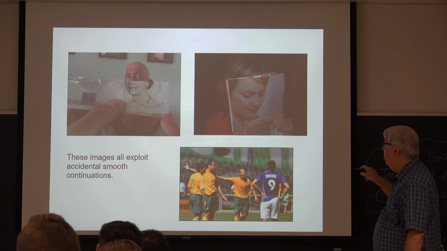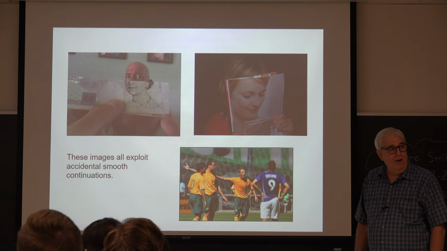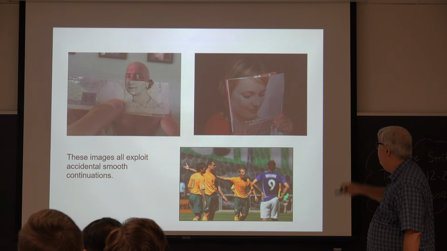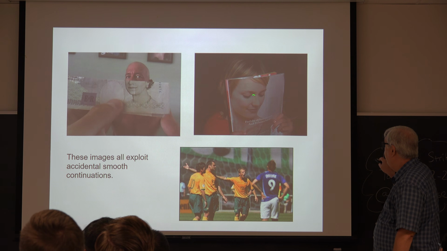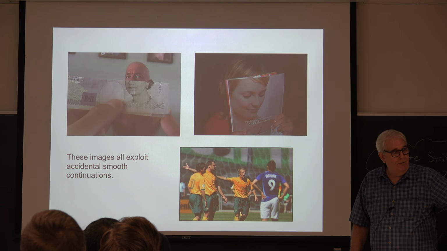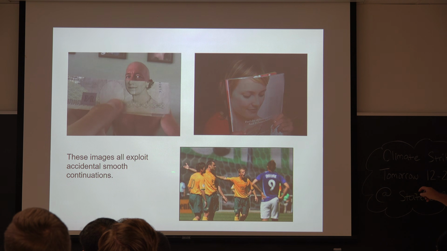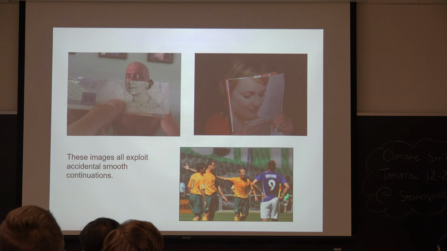So here's one where some bald guy's holding a picture of Queen Elizabeth that's aligned just right, so it looks like it's all one head. This is a popular technique where you take a magazine cover of somebody and stick it over your face, and if you get it just aligned. One of my favorites here. What's going on here? Looks like a guy with a really long arm. It's actually two guys holding their arms out.